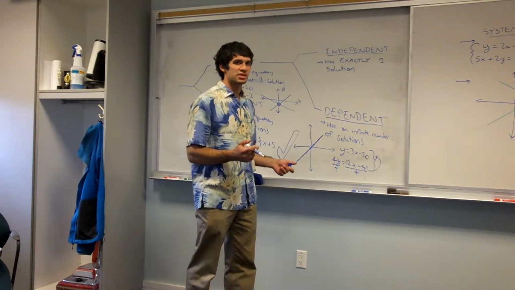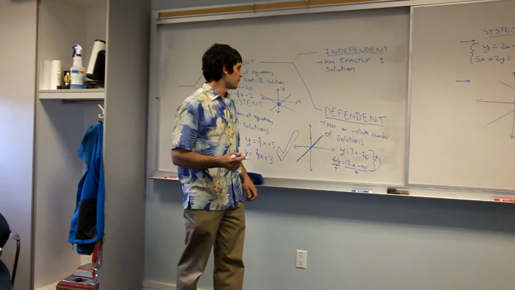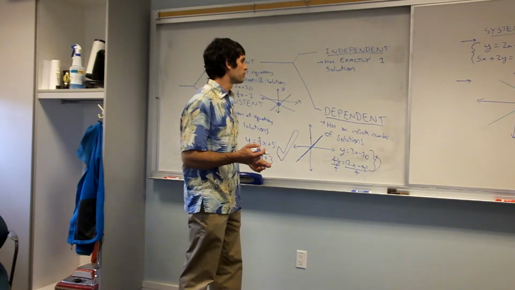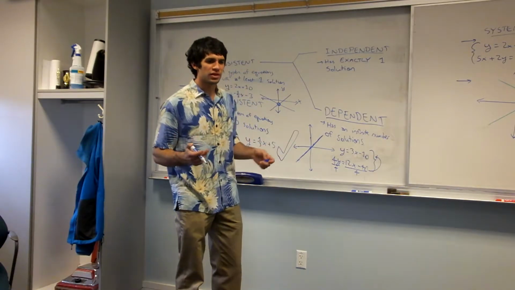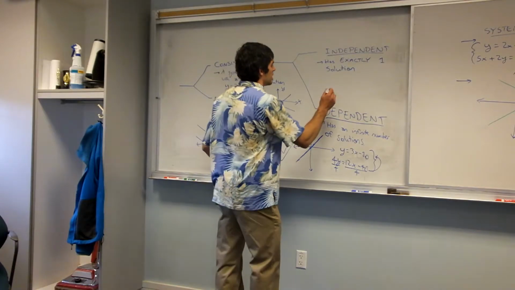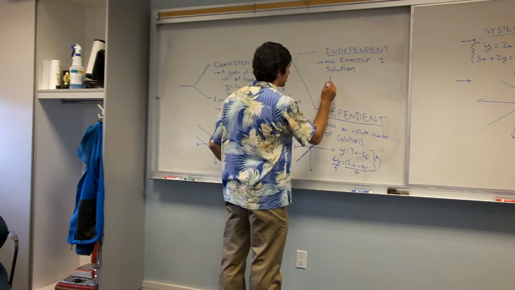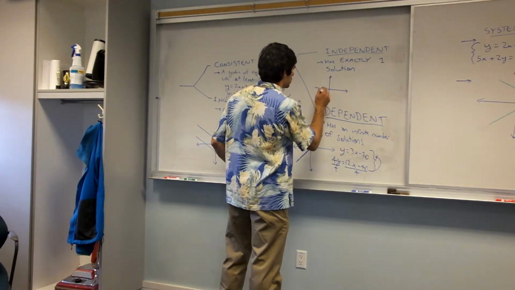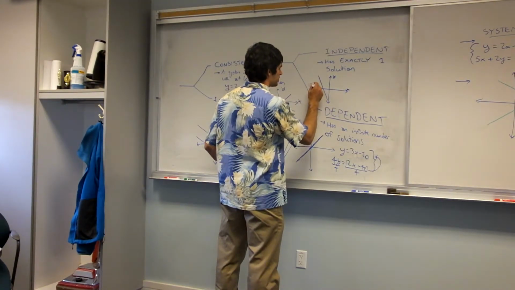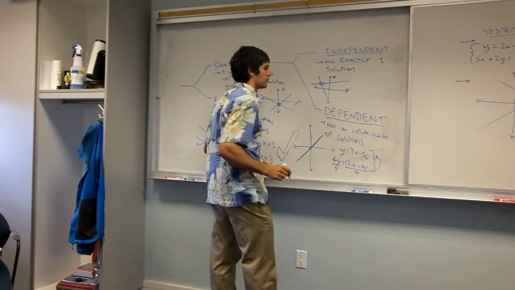An independent system of equations is what we dealt with in the last video, where the lines cross at one point. That is probably the most common system of equations that we will see. Graphically it would look something like this. The lines cross at one point.